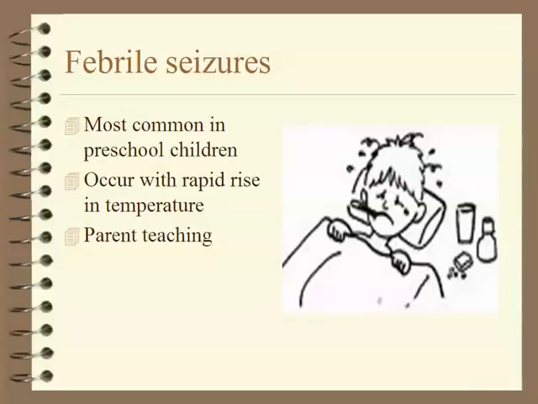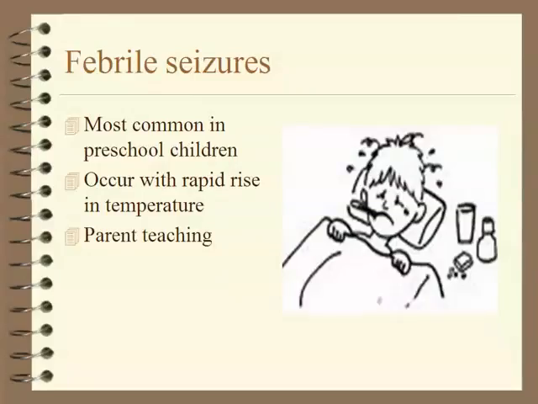But generally we see this not going much past the preschool age range. Again, it would probably be unusual, probably not unheard of, but unusual to see a child over the age of 5 experience a febrile seizure. Febrile seizures generally occur with a rapid rise in temperature. They usually manifest themselves in that tonic-clonic type pattern.